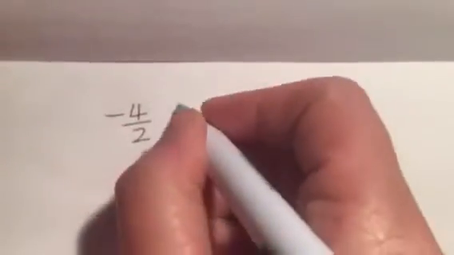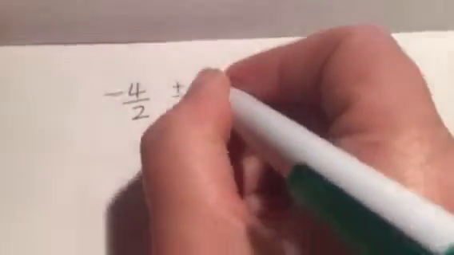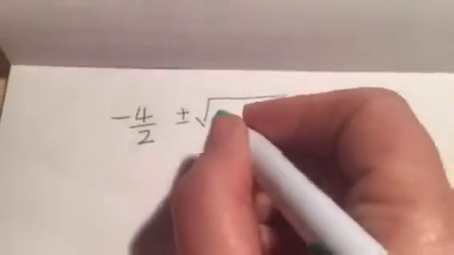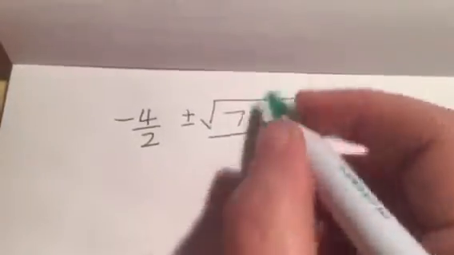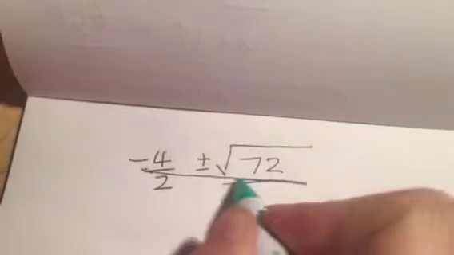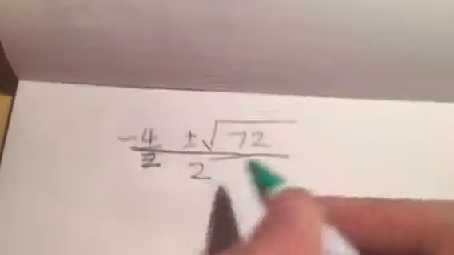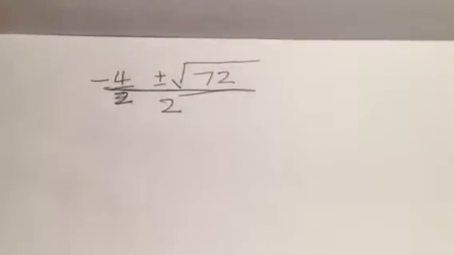Cancelling surds can often give problems, and this comes up particularly when you're solving quadratic equations. So the sort of thing you might get is a bit of the quadratic formula, you might end up with something that looks like this: minus 4 plus or minus the square root of 72, over 2.